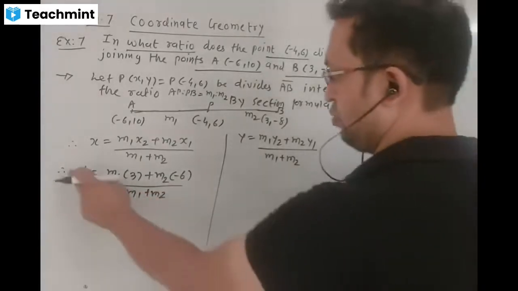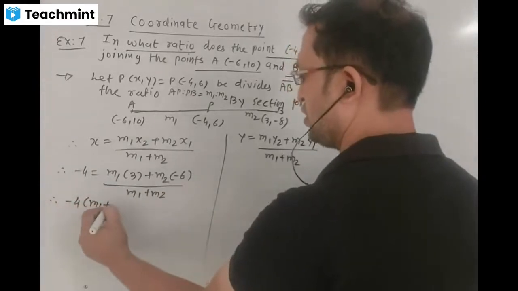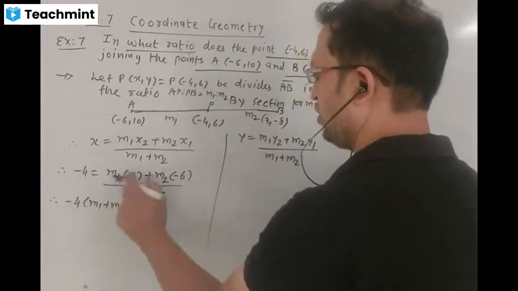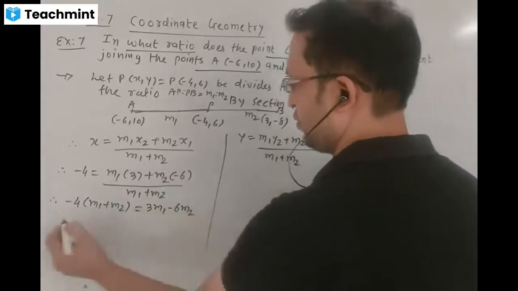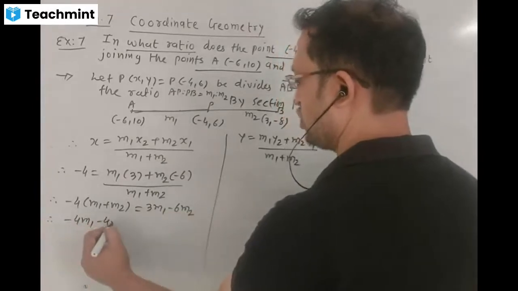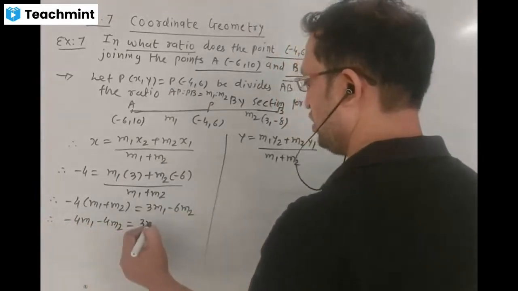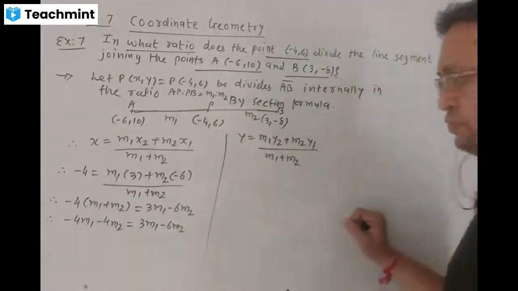Multiply m1 plus m2 with -4. So -4 (m1 plus m2) equals 3 m1 minus 6 m2. So -4 m1 minus 4 m2 is equal to 3 m1 minus 6 m2.